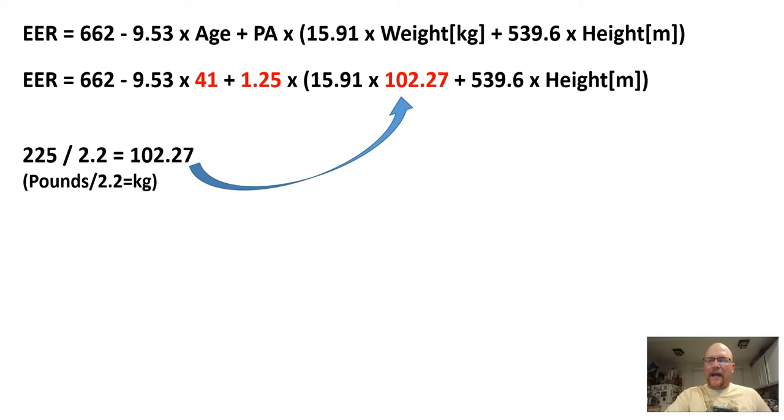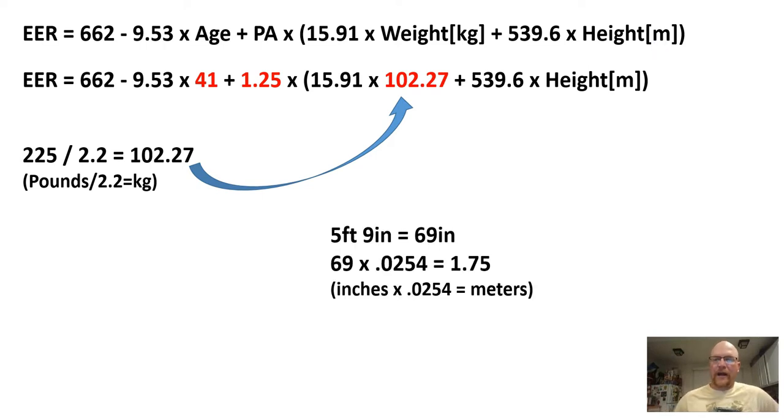Next is height. I need to plug that in. To figure out your height, you need to know how many inches tall you are. Well, for most of us, that's pretty easy. 5 foot is 60 inches. So how many inches you are above 5 foot, add that to 60. So I'm 5'9", so that's 69 inches. If you are above 6 foot, 6 foot is 72 inches, and then you have to add on top of that.